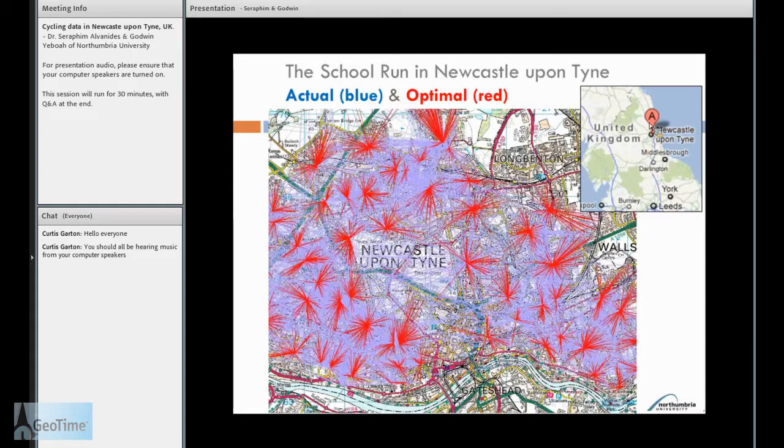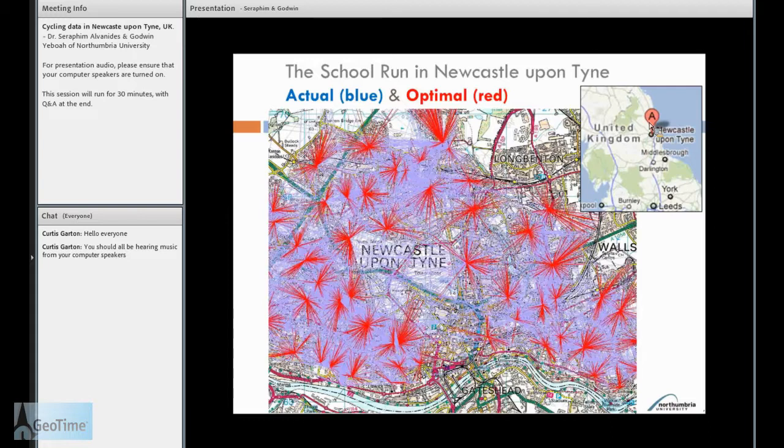And what we were looking at was children's mobilities to school, so where children live and where they go to school. And what we were expecting to find was that children go to the nearest school. This was primary school children and secondary, so ages between around 6 to around, let's say, 14, 15.